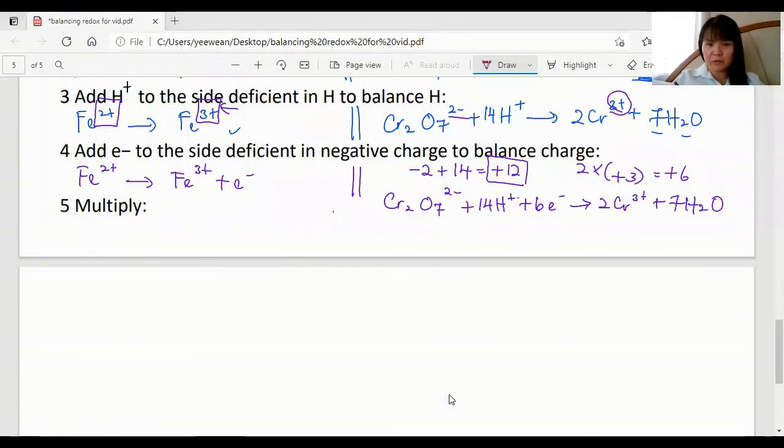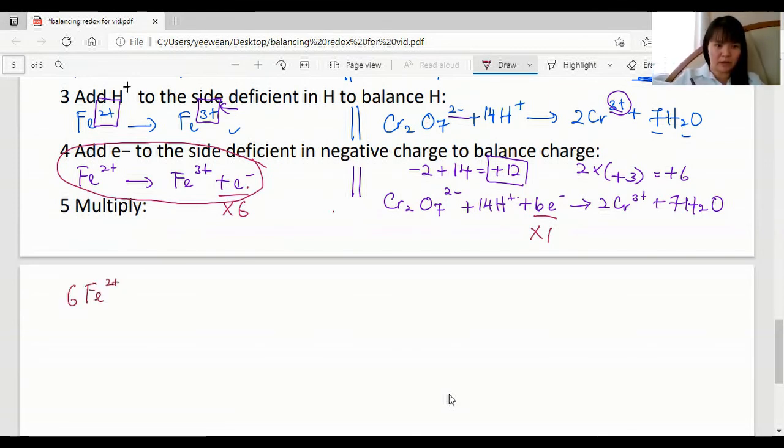Next, we're going to cross multiply the electrons. So there's 6 here and there's 1 here. So multiply by 6, the whole equation. Don't just multiply the electron, but the whole equation. And on the other side, since there's 1 here, I'm going to multiply by 1, which is the same. So I'll rewrite that here as 6Fe2+ becomes 6Fe3+ plus 6 electrons.